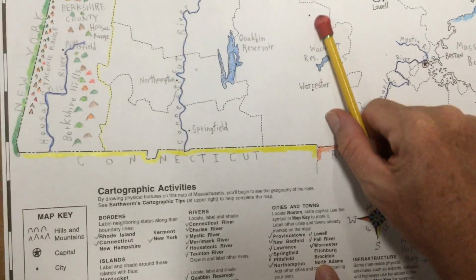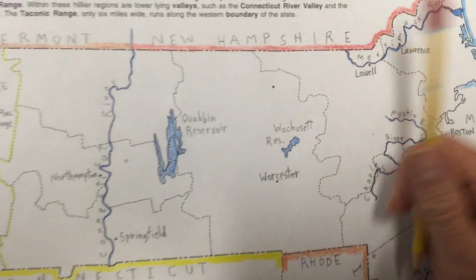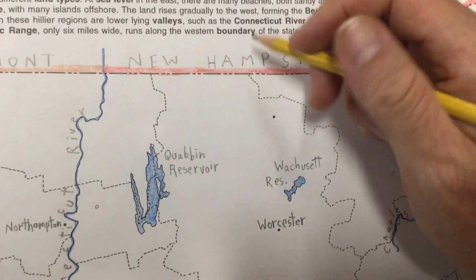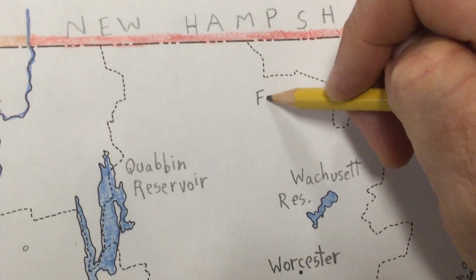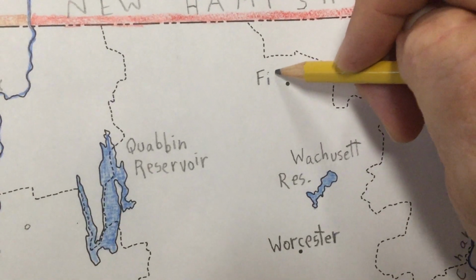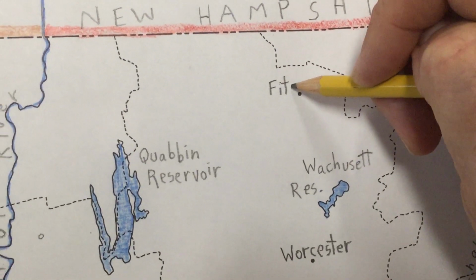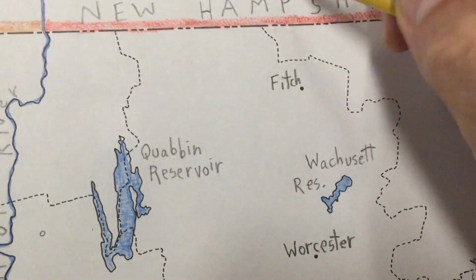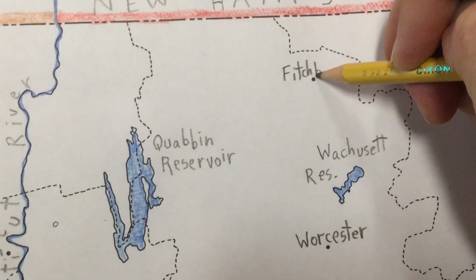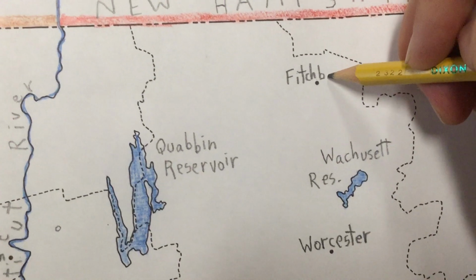Let's head north to that city north of Worcester, way up here, Fitchburg. Now, like I said in the beginning of the video, there are about 351 cities and towns.